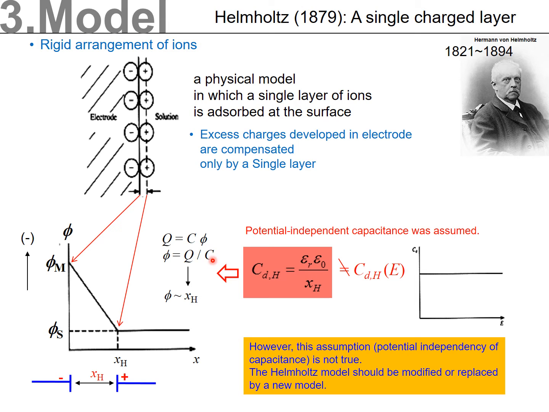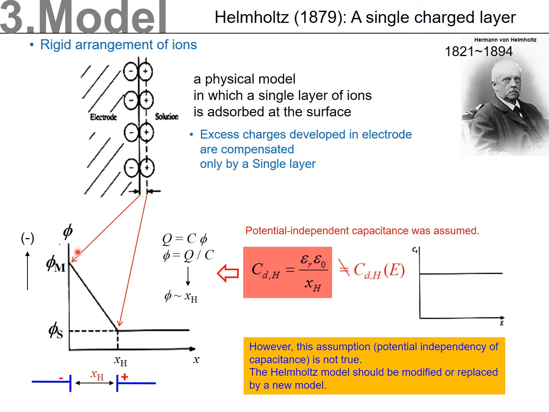Also at the same time, the capacitance is inversely proportional to the thickness of the Helmholtz layer, or the distance between two plates. Therefore, the potential is just proportional to the Helmholtz thickness, or the distance from the electrode surface.